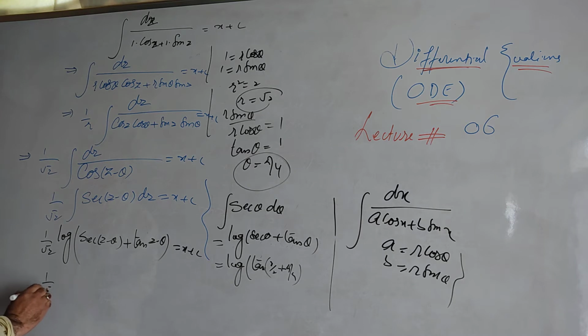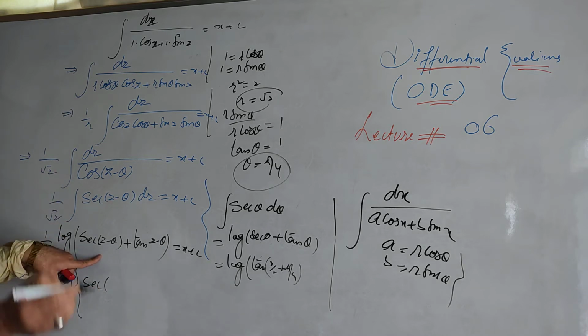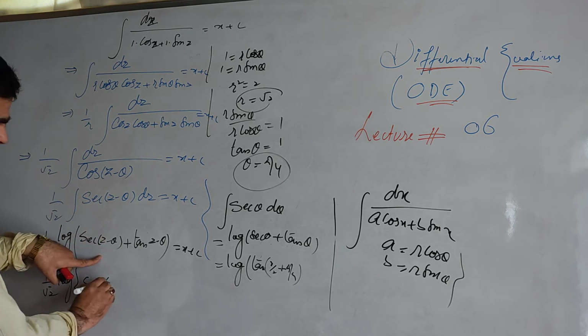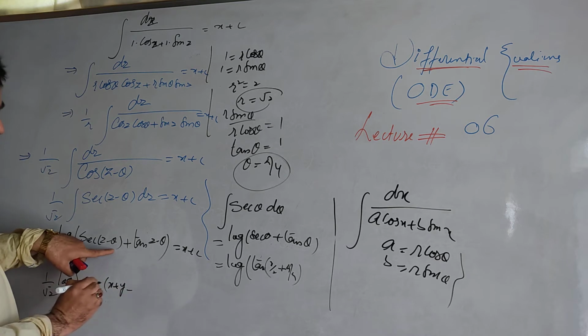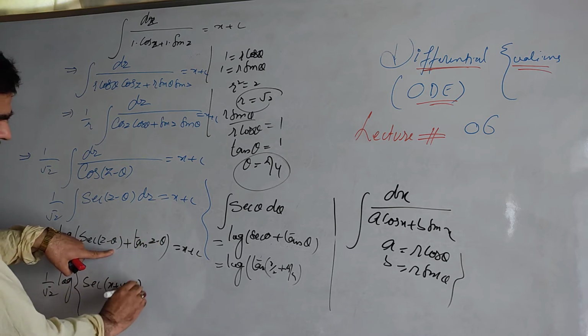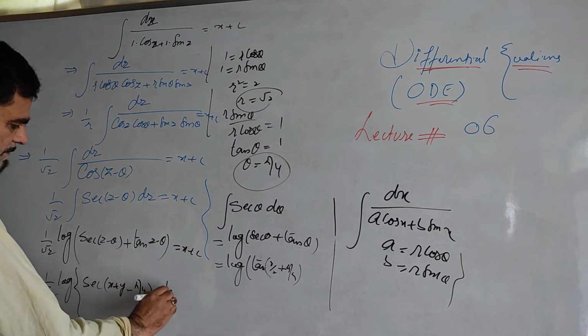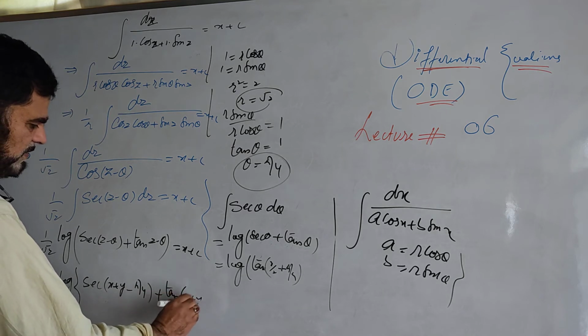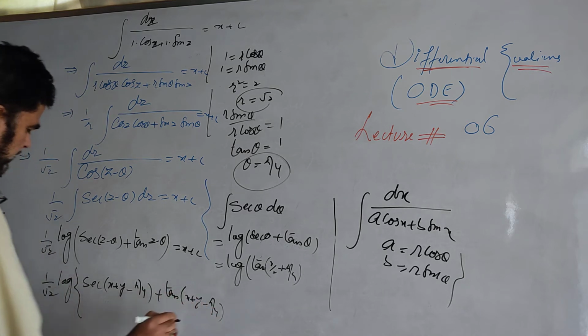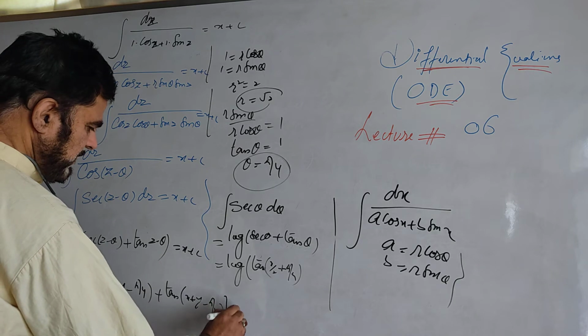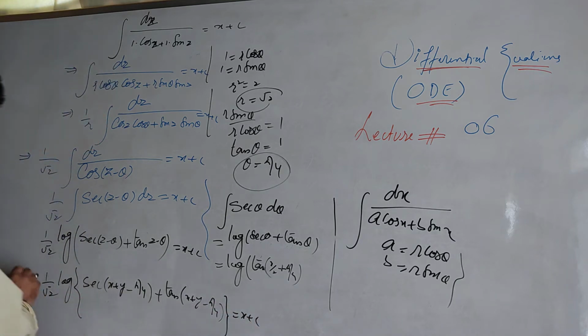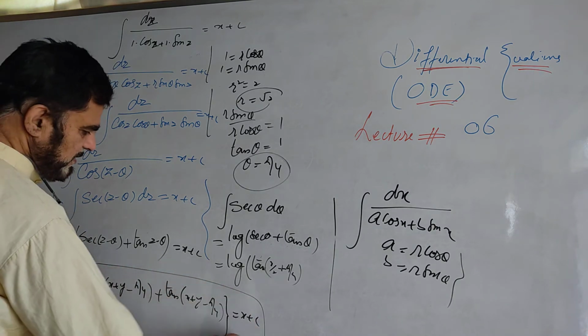This is 1 by root 2 times log of sec. What is your z? You give the value to z. Previously, in your substitution, it is x plus y, minus what is theta there? Pi by 4. Then plus tan of x plus y minus pi by 4, equals x plus c. This is the solution of this differential equation.